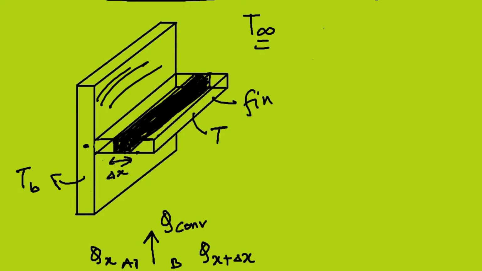So the length of the portion is del x, so I need to calculate the area. So I will simply multiply with the perimeter of this base region from which this extended surface is extending.